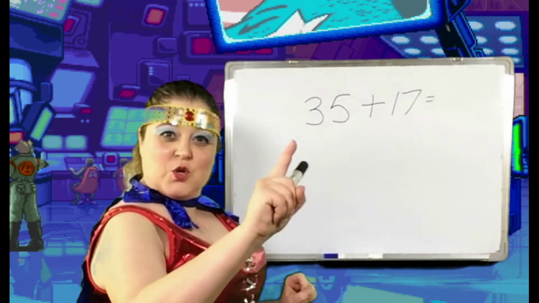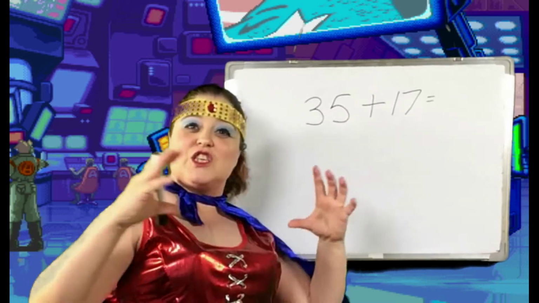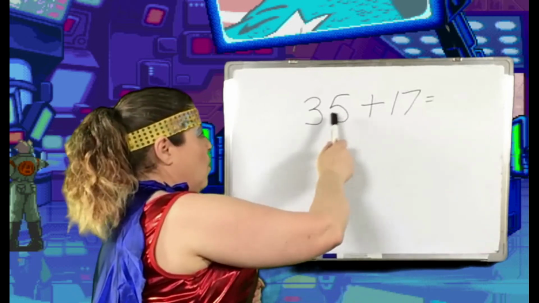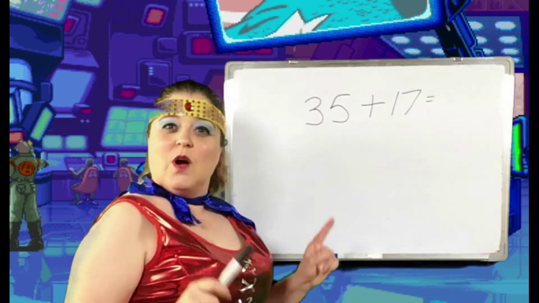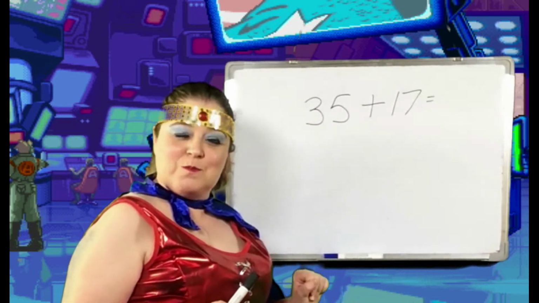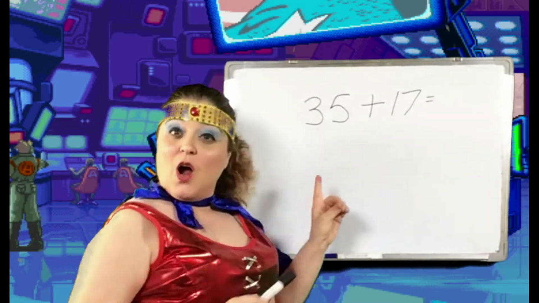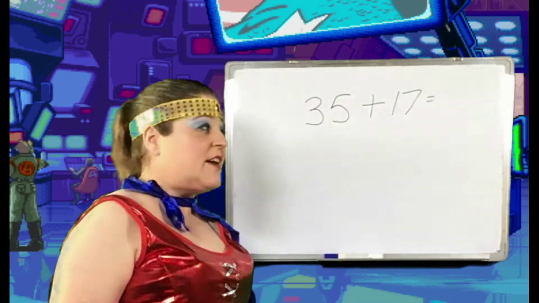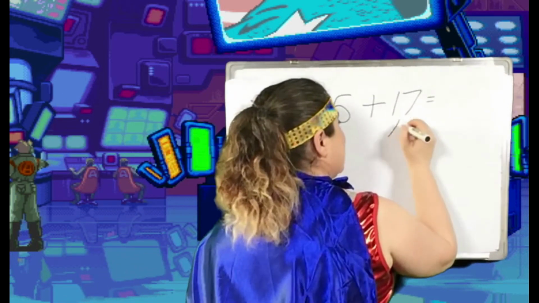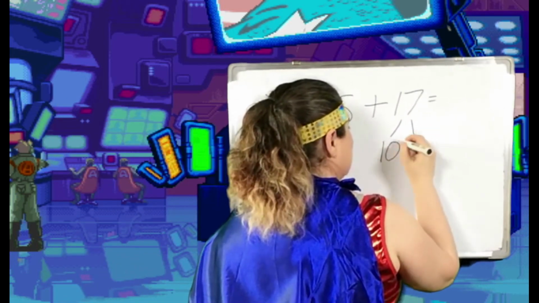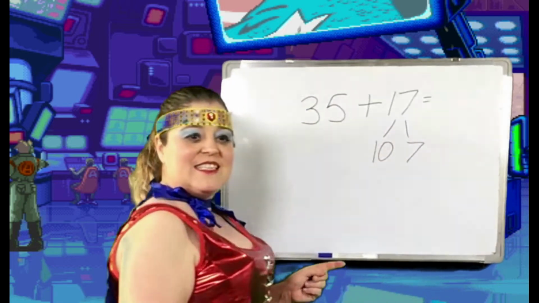We are only going to partition the smaller number. Of these two, which one is the smaller number? 17, obviously. So we are only going to partition the 17. So the 17 we split into 10 and 7.